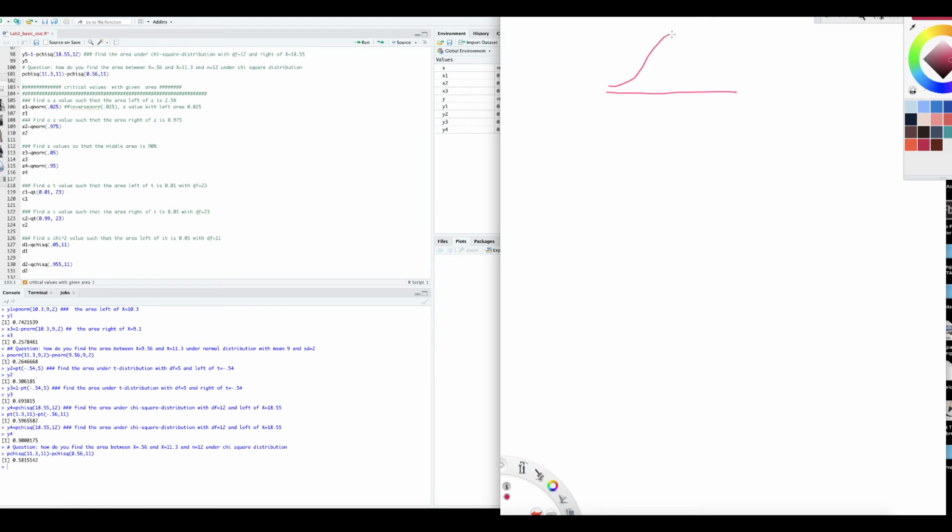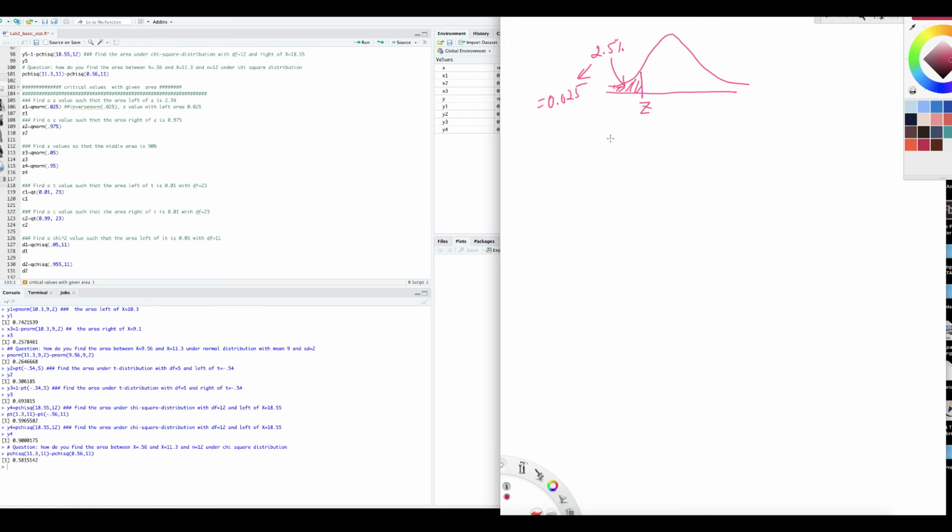G is the standard normal, right? So 2.5% left area means 0.025, and you want to find that G value. Previously you were given G and asked to find the area left of G. Now the area left of G is given and you are asked to find the G value.